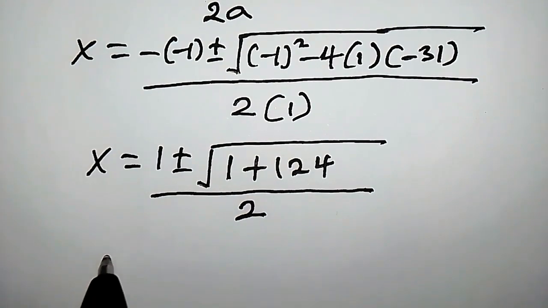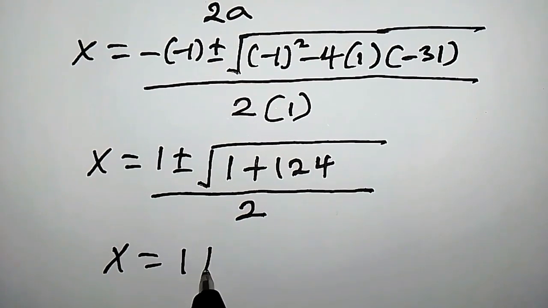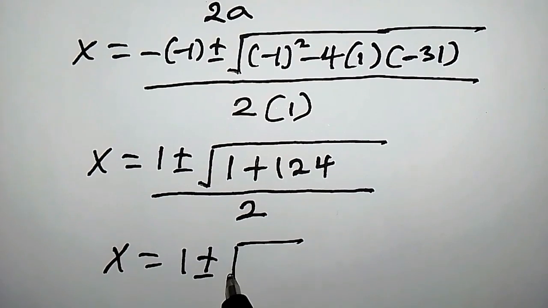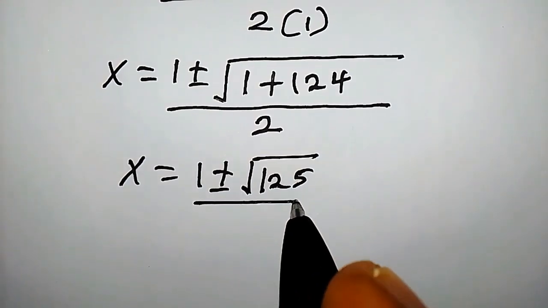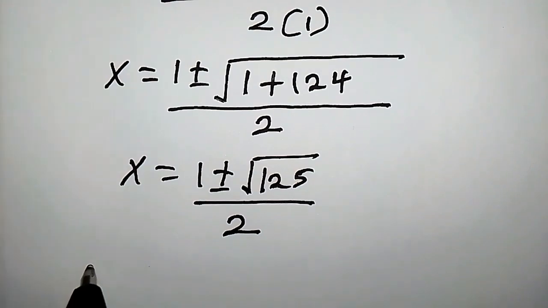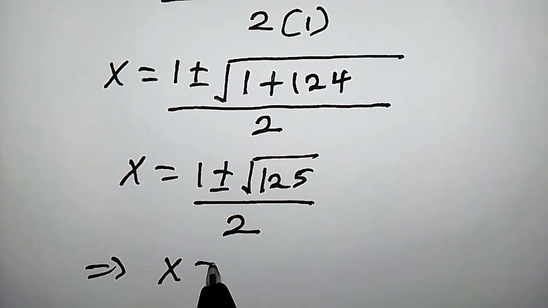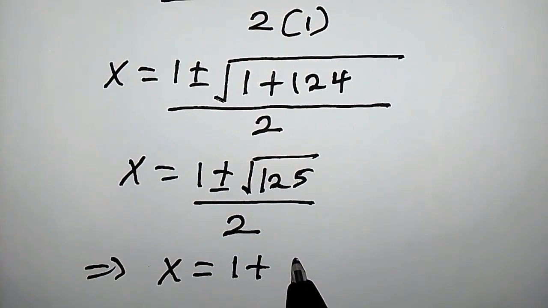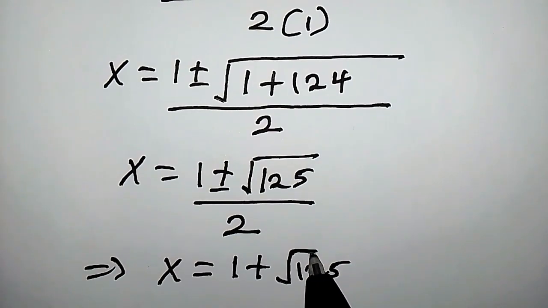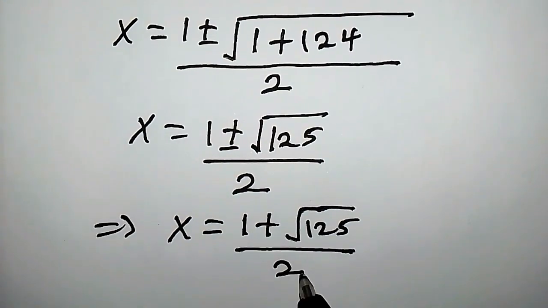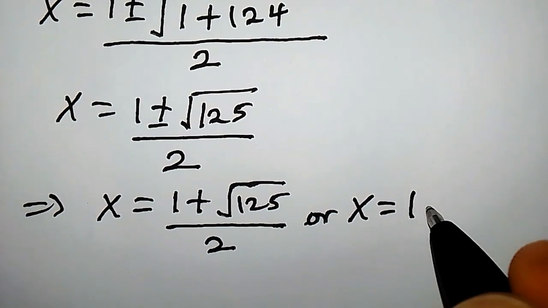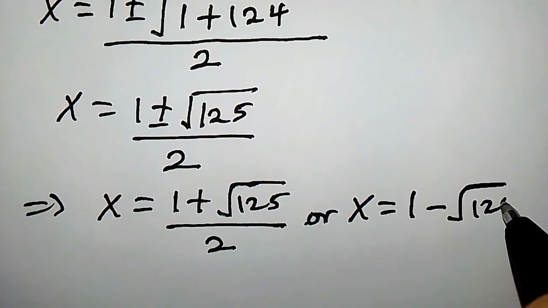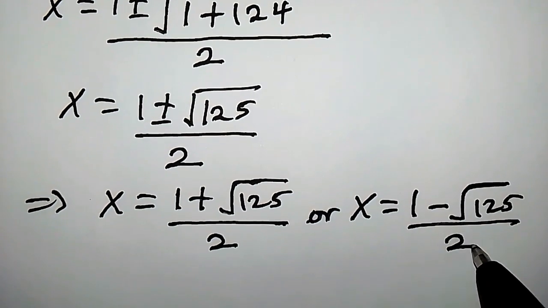So x is equal to 1 plus or minus square root of 1 plus 124, that is 125, divided by 2. This implies that x is equal to 1 plus square root of 125 divided by 2, or x is equal to 1 minus square root of 125 divided by 2.